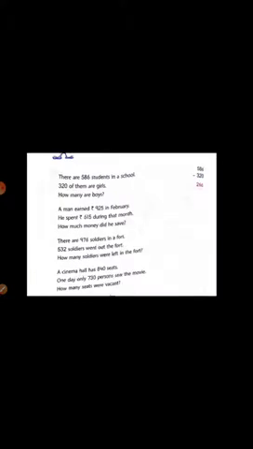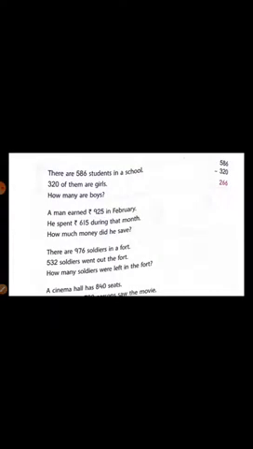Now next is, a man earned rupees 925 in February. He spent rupees 615 during that month. How much money did he save? The question is, the man earned rupees 925 in February. Earn means to make money. He earned 925 rupees.